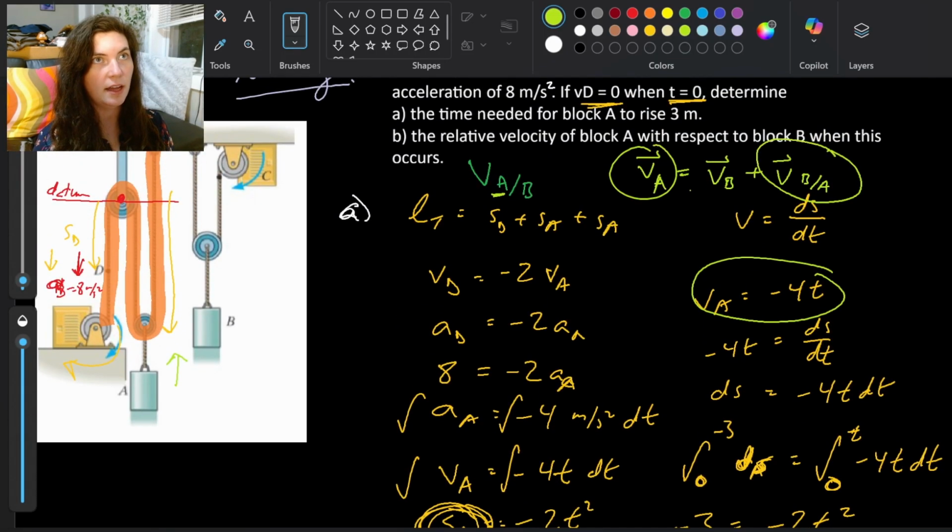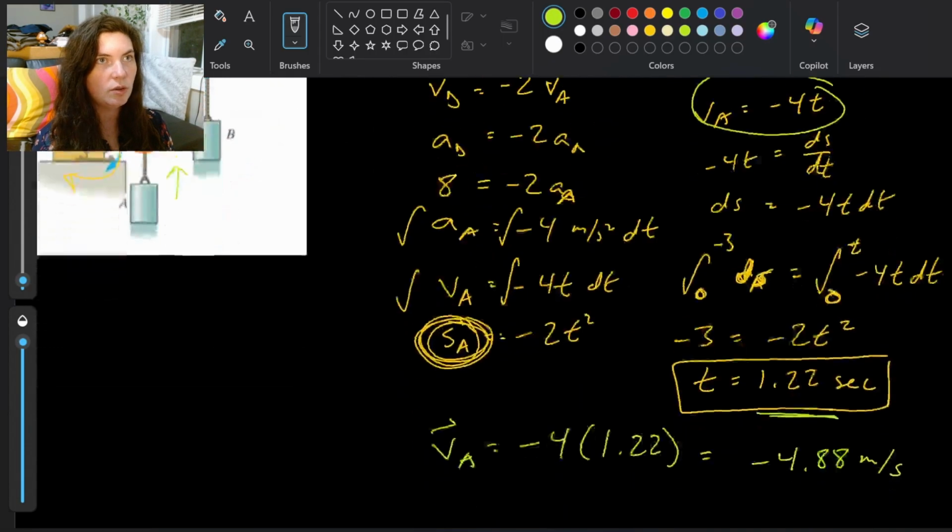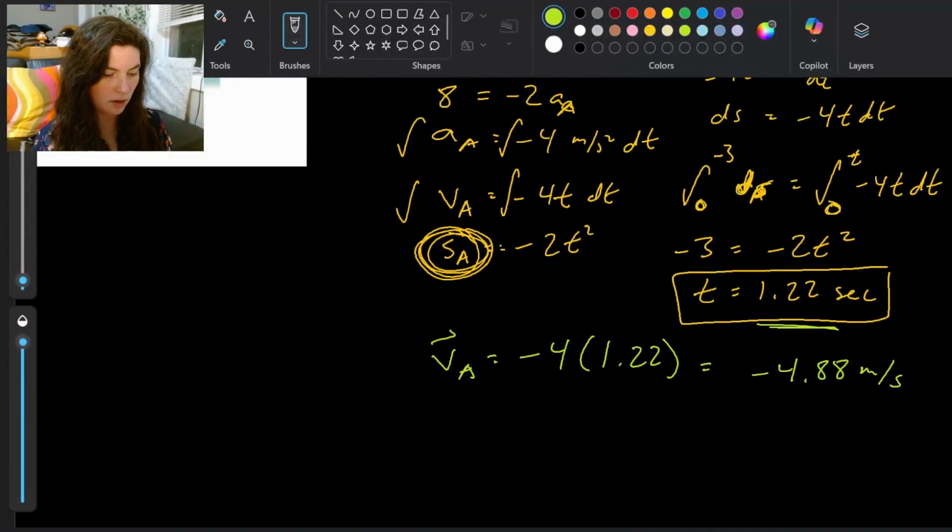So now we've got this guy. The only one we need in order to find our last one is VB. And he's a part of a whole separate system. So we're going to need to go ahead and find what that velocity of B is in order to find what our relative velocity is.